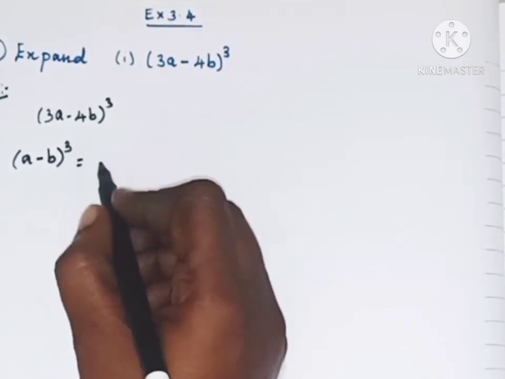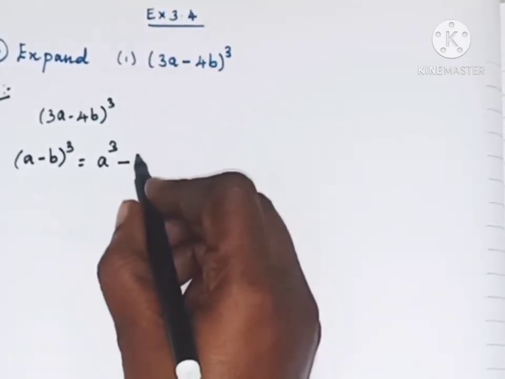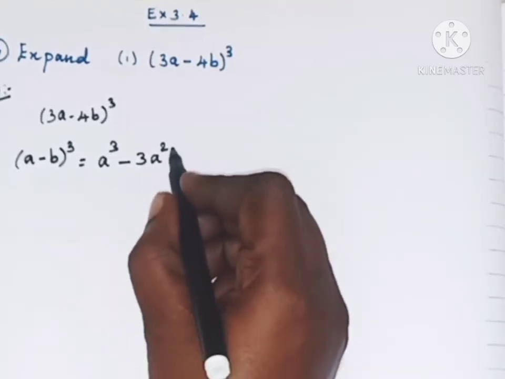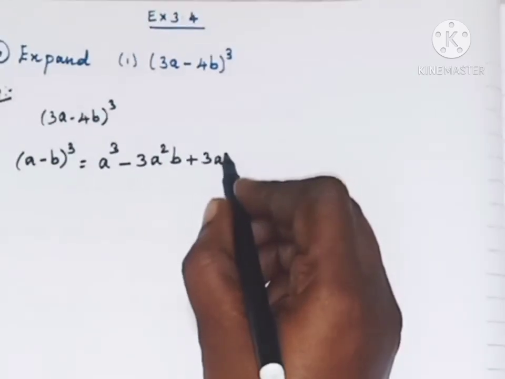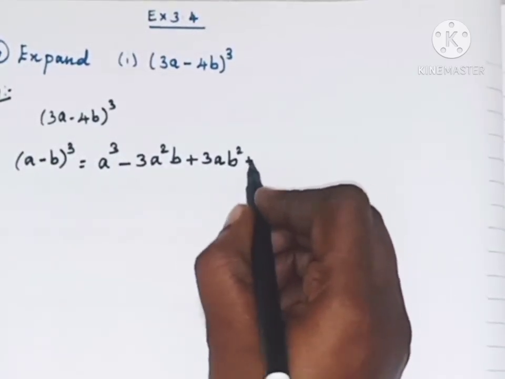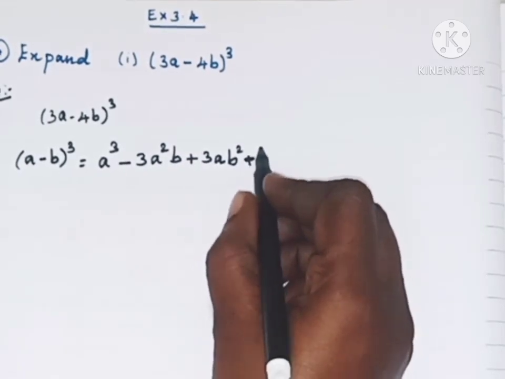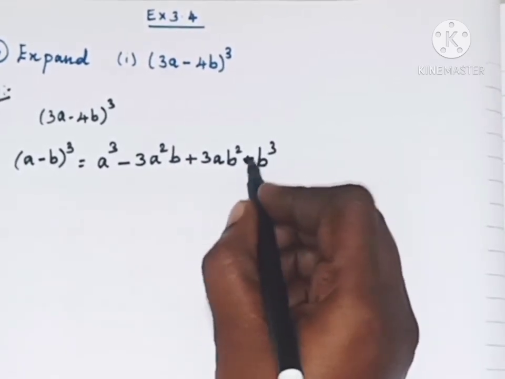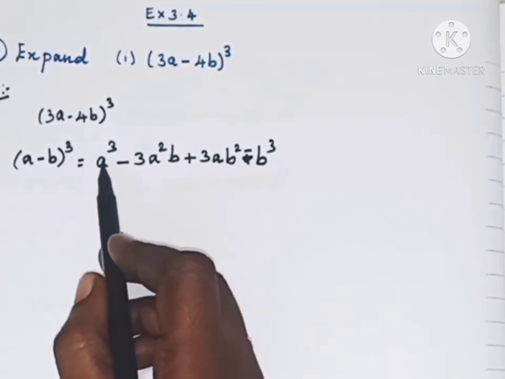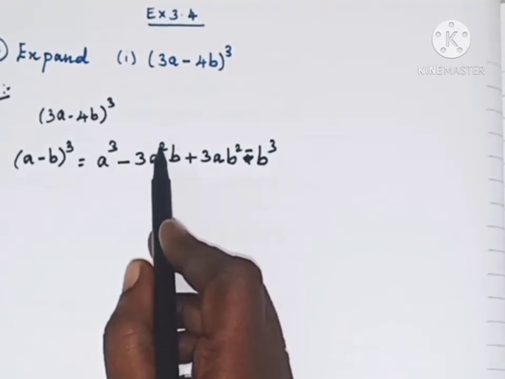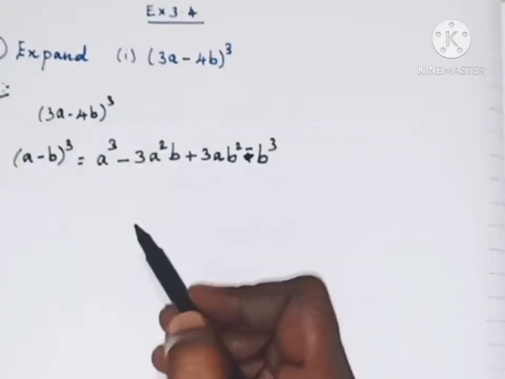(a minus b) the whole cube is equal to a cube minus 3a square b plus 3ab square minus b cube.